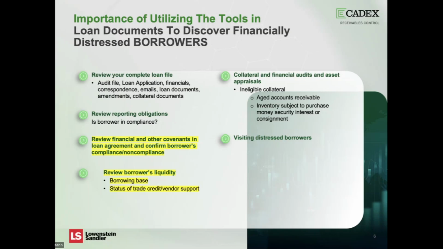And part of these appraisals and these audits is understanding that inventory. What's the value? A lot of times, and we'll talk about it in a minute, you look at the PMSI, purchase money security interest. Some of this collateral you think is yours, part of your collateral base, may not be, right? You might find additional UCCs that are in there, goods on consignment.